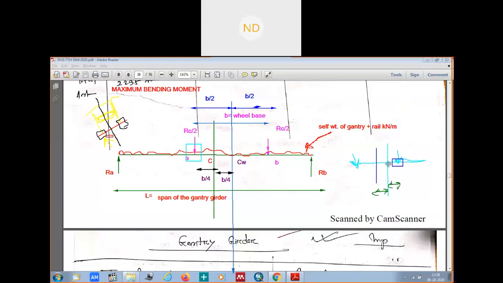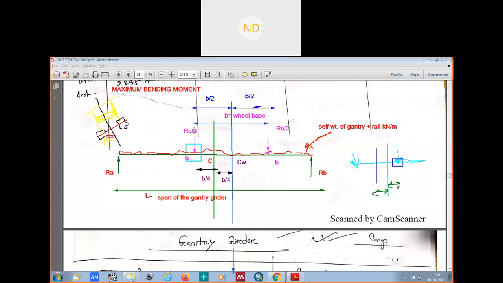We have placed these wheels in such a way that these two distances are equal. So our maximum bending moment will occur on wheel B, which is nearest to the CG of the gantry girder, right? So once you know this, you can obviously find out your maximum bending moment here, because you have to find out the reactions.